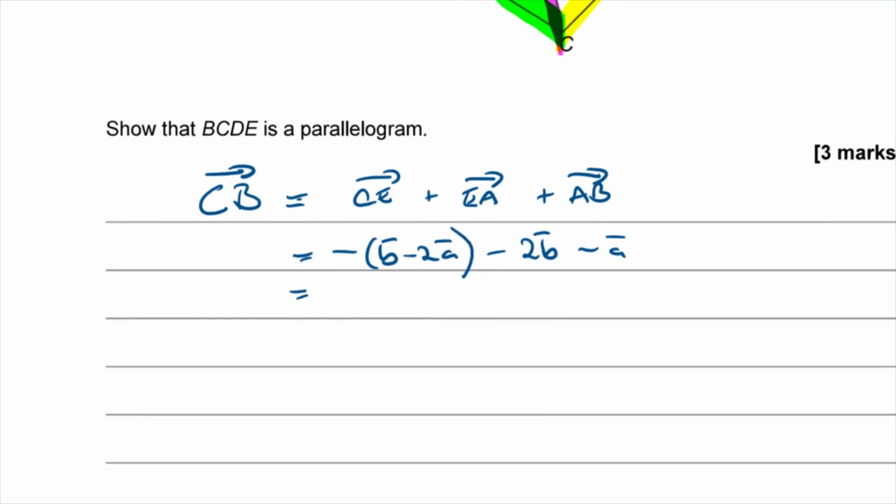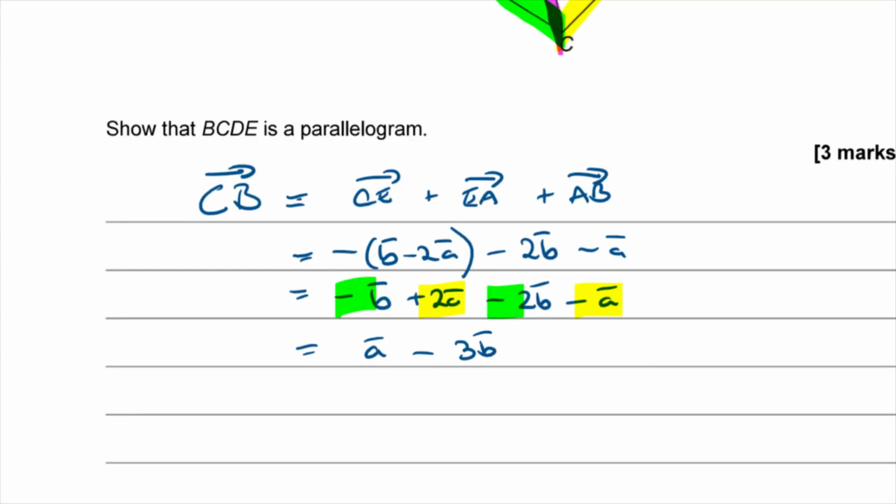Let's just deal with that bracket. Minus B, minus minus is plus, so that's plus 2A minus 2B minus A. So we can start collecting like terms together. What have I got? I've got positive 2A and a minus A, so that gives me A, and I've got a minus B and a minus 2B, which gives me minus 3B.